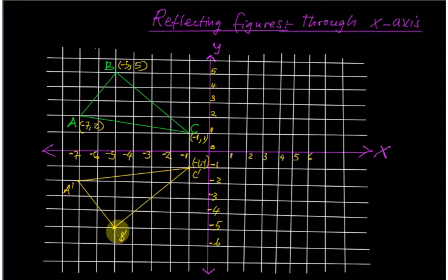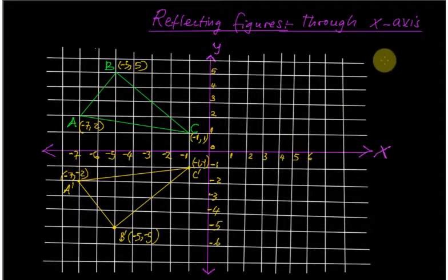B dash is at -5, comma -5, and this A dash here is at -7, comma -2.